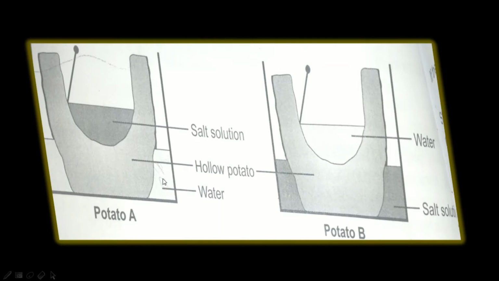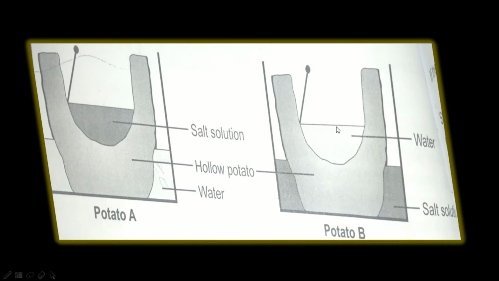Inside our potato, in the hole that we created, we are adding salt solution. Instead of salt solution, you can also use a sugar solution. Then you put a pin to show where your salt solution is ending.